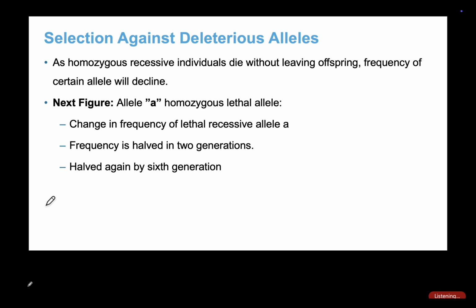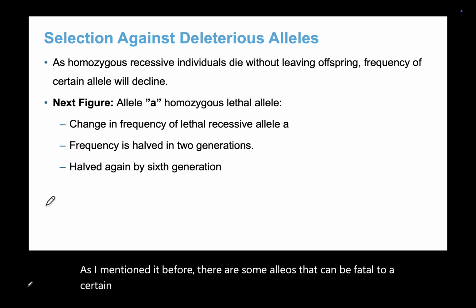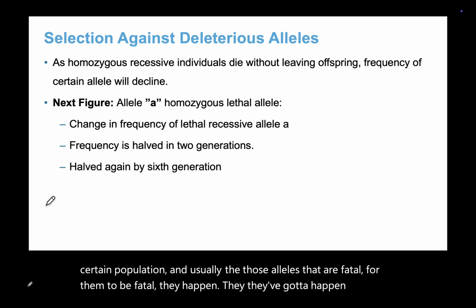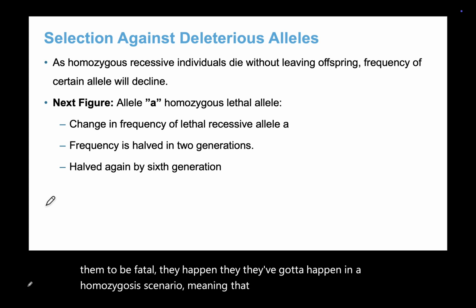As I mentioned before, there are some alleles that can be fatal to a certain population. And usually those alleles that are fatal, for them to be fatal, they've got to happen in a homozygosis scenario, meaning that both alleles have to be equal.